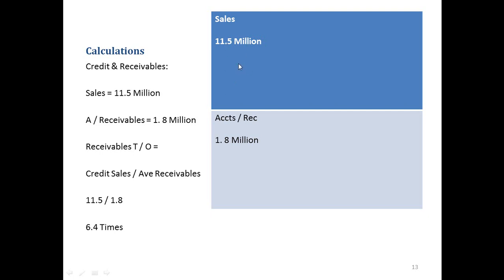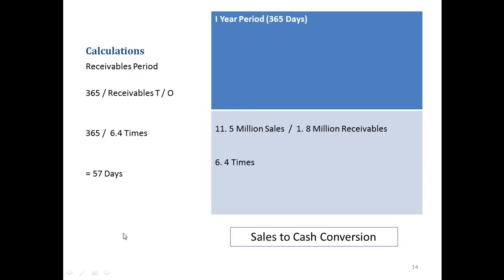Think of it: if we had sold 11.5 million worth of goods, and we looked at the AR and saw 11.5 million, that would be essentially no turnover. We sold it and it's all sitting on the books. That would have been basically a 1. So the higher this number, the better.